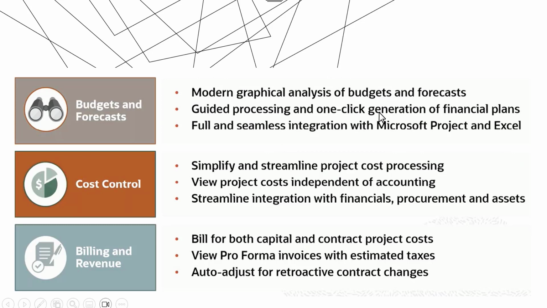For budget and forecast: modern graphical analysis, guided processing, full and seamless integration with Microsoft Project. For cost control: simplify and streamline project costs, view project costs independent of accounting, and streamline integration with financials, procurement, and assets. For billing and revenue: bill for both capital and contract, view pro forma invoices with estimated taxes, and auto adjust for retroactive contract changes.